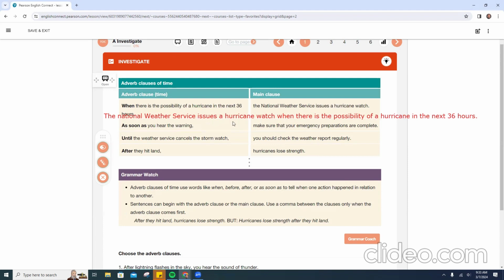This one here, the main clause would go first, and then the time clause or the adverb clause goes second, okay? When it starts with when, as soon as, until, or after, that's when you will have the comma. But if I start with the main clause first, I don't need the comma, okay? So I hope that makes it clear.